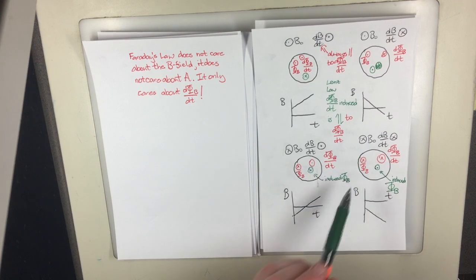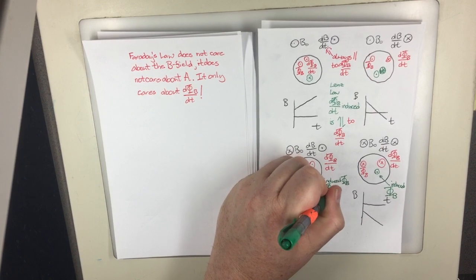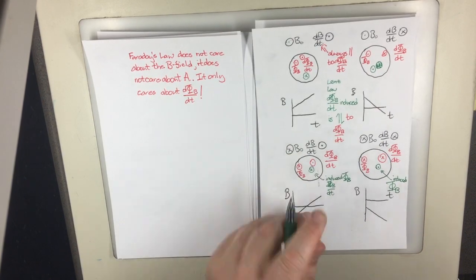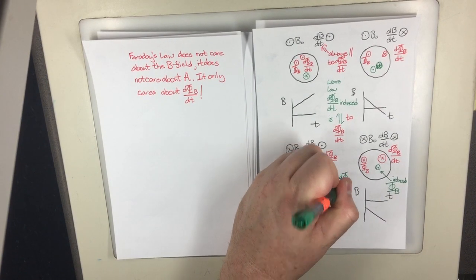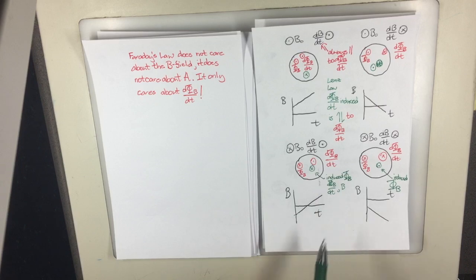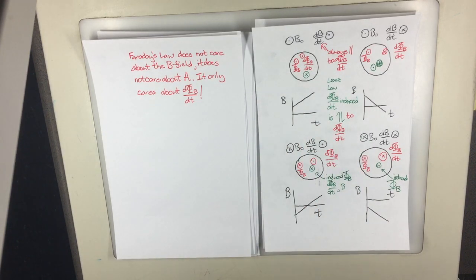So you could say that the induced magnetic flux is into the page here. You could say that the d phi B dt is into the page. And you can also say that the B field generated by the induction is also into the page. So those three things are all in here, all out there. So anything marked in this green stuff is the induced magnetic flux, the induced change in magnetic flux with respect to time, and the induced B field.